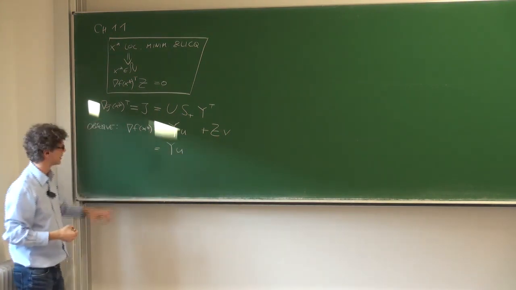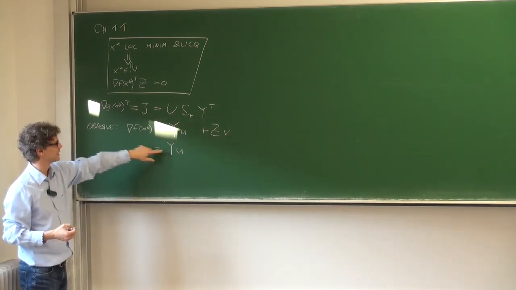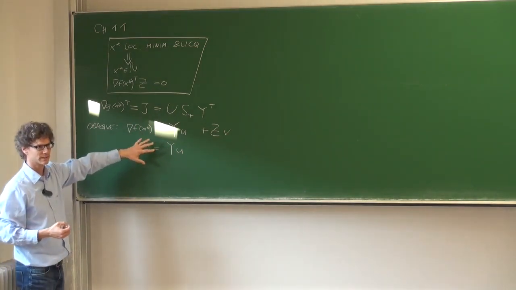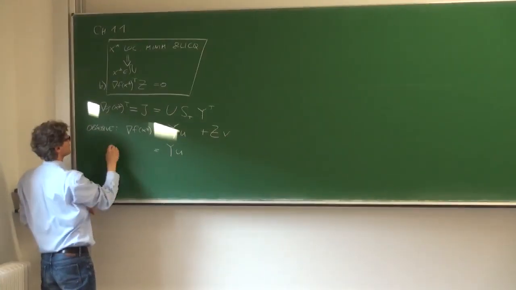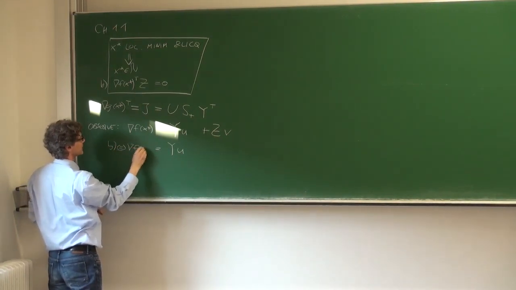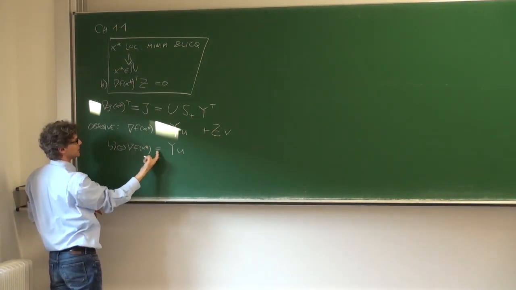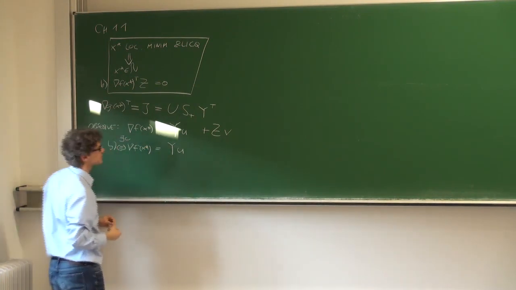So the nabla f must be in the Y space. That's actually this condition B. So B is equivalent to nabla f of x star, that there exists a u so that this holds.